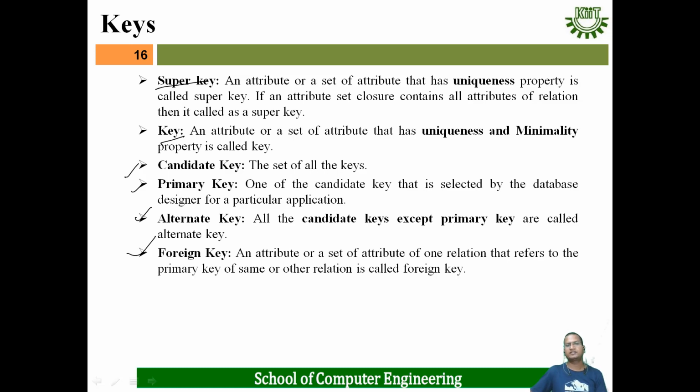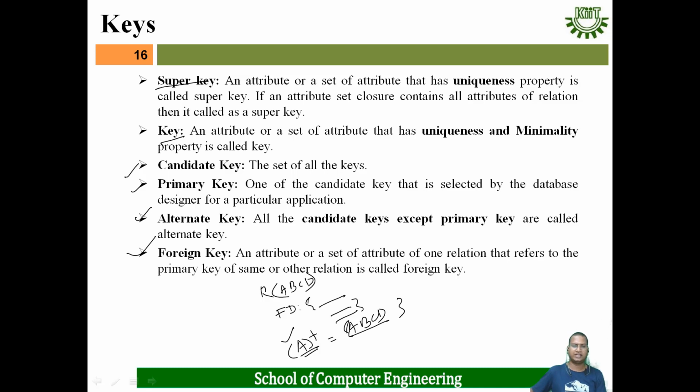An attribute or set of attribute that has uniqueness property is called super key. And if an attribute set closure contains all the attributes of a relation, then it is called a super key. That means suppose R is a relation and A, B, C, D are 4 attributes and some functional dependency set is given, and if we will find out A closure and it is deriving all the attributes of this relation using this functional dependency set, then we can say A is a super key.